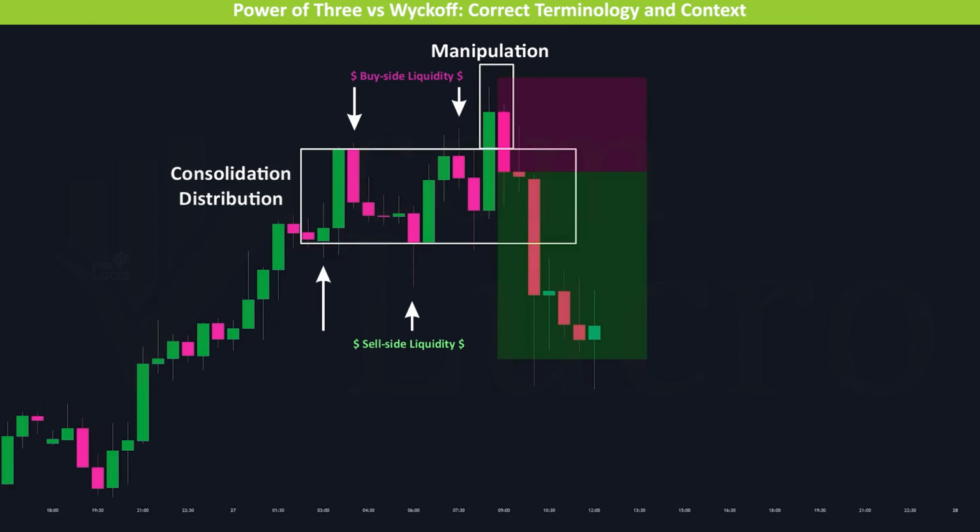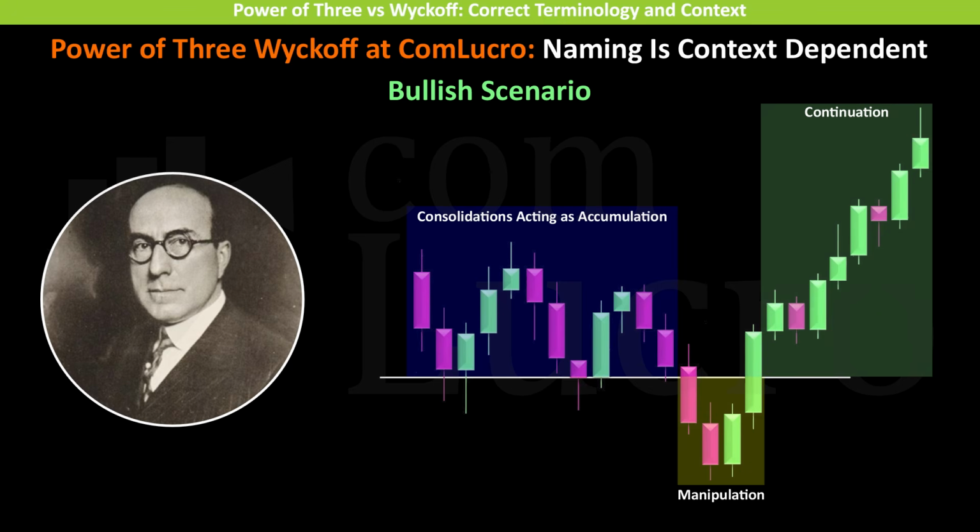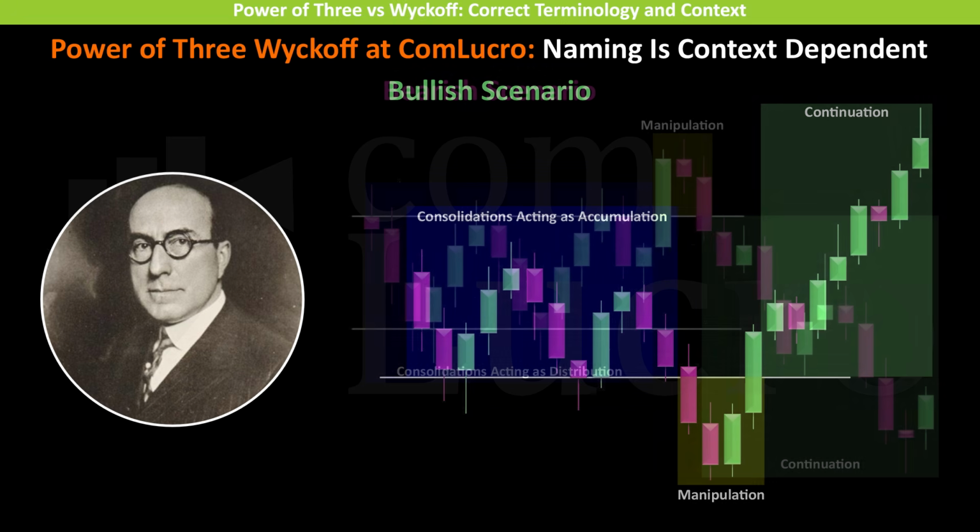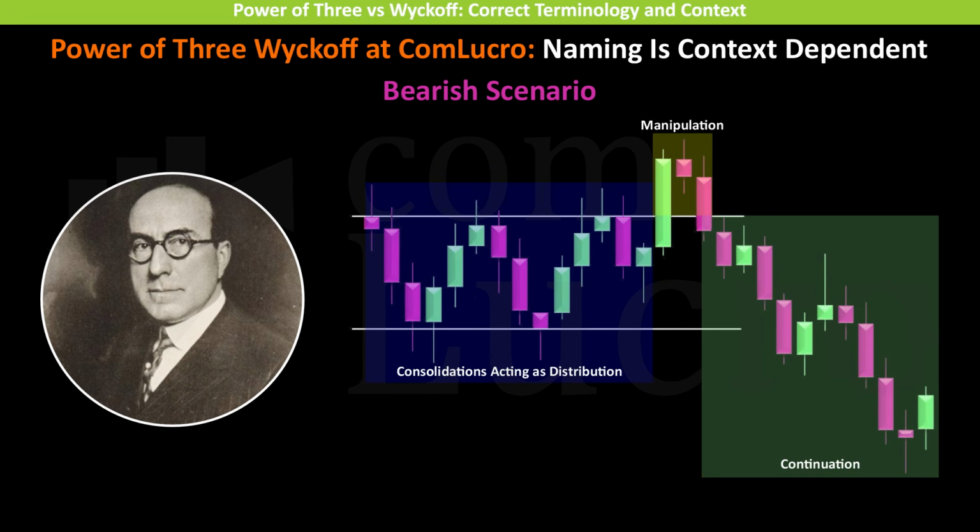What changes is the probability based on context. In a bullish environment, consolidations tend to act as accumulation or reaccumulation before continuation higher. In a bearish environment, consolidations tend to function as distribution before continuation lower. This mindset keeps your expectations aligned with market structure, avoids rigid labeling, and allows you to apply the Power of Three with clarity, flexibility, and proper Wyckoff logic.